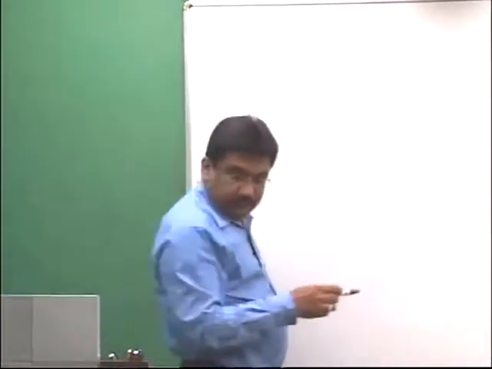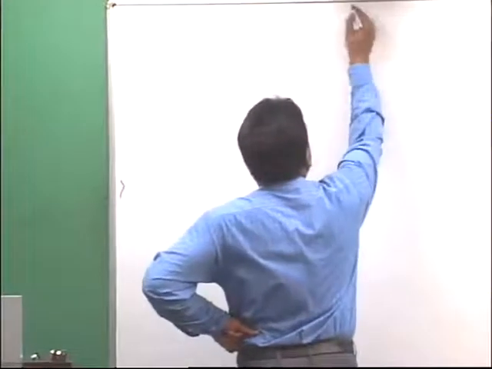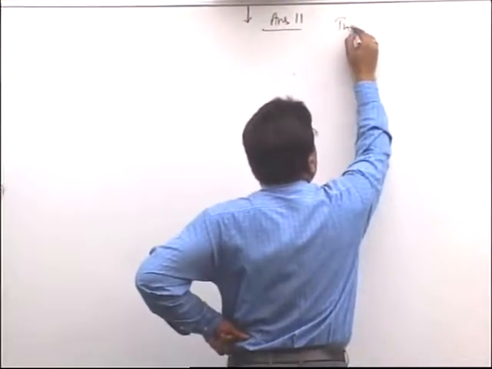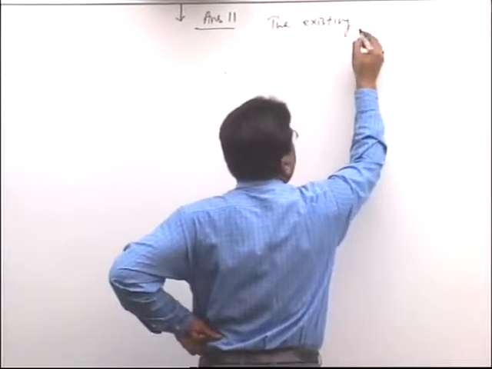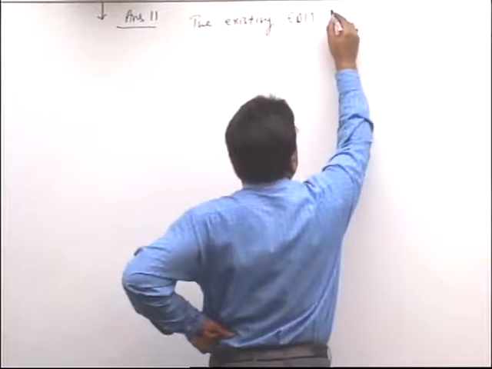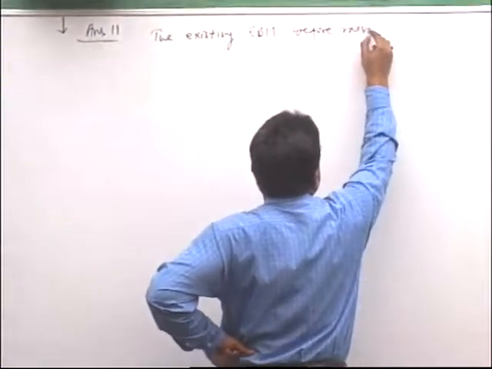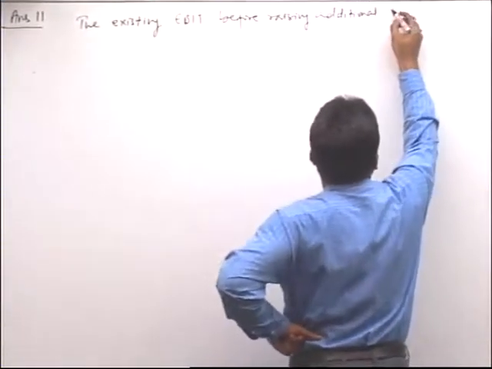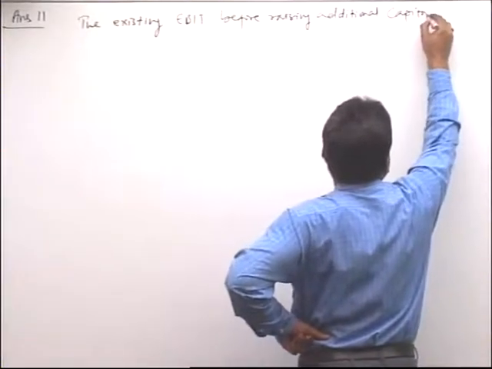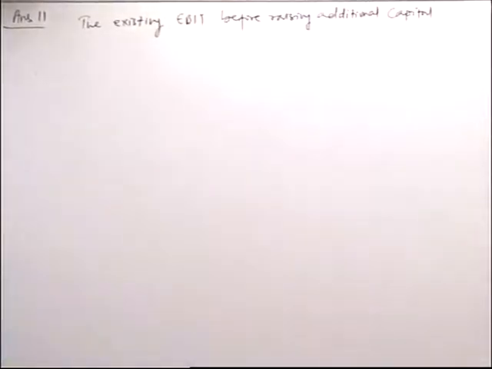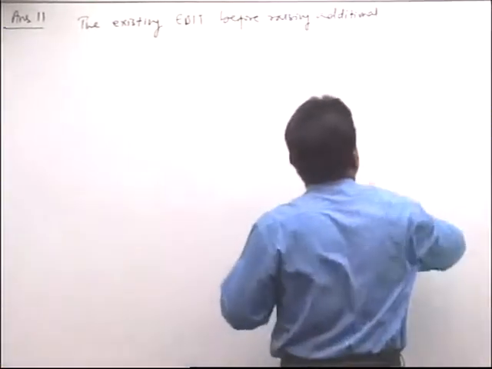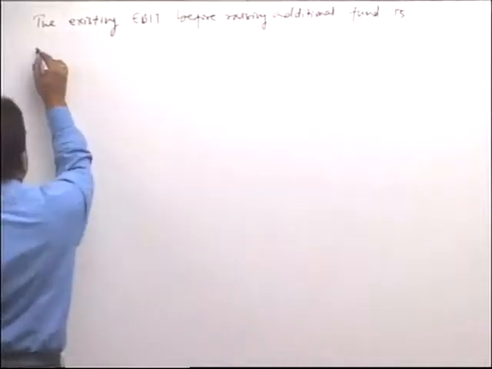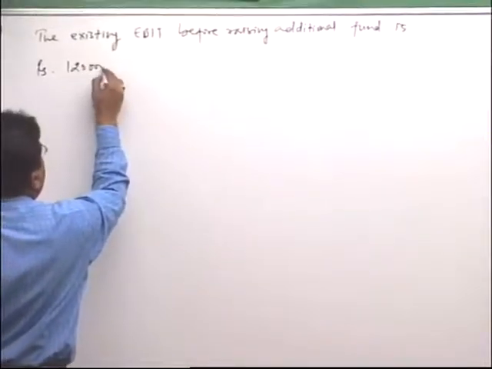Please write down. The existing EBIT before raising additional capital, additional fund, the existing EBIT before raising additional fund is rupees 1,20,000.